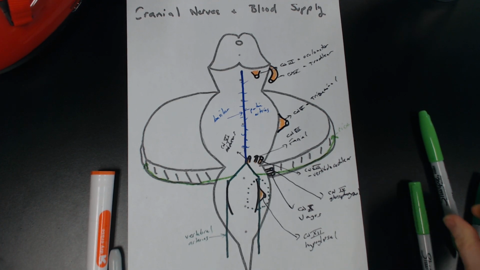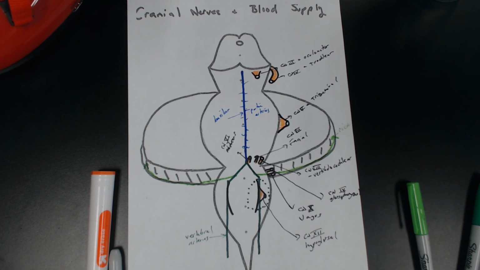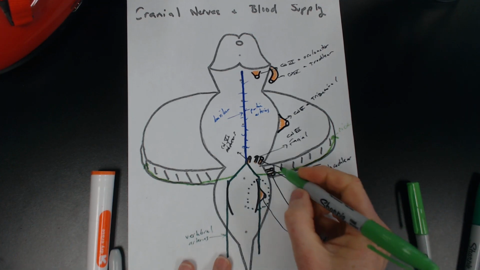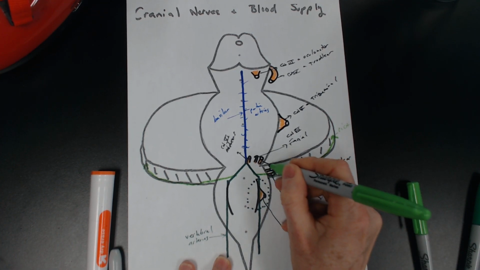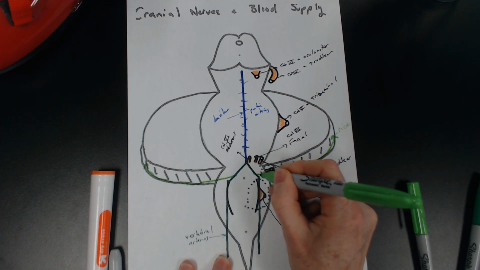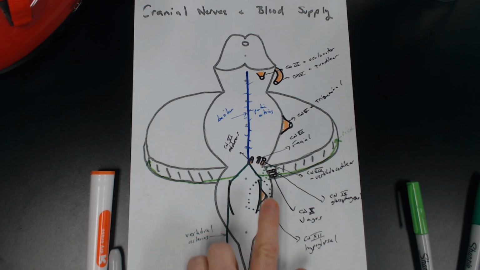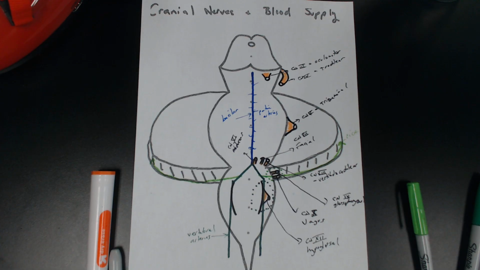Okay, PICA. And PICA is going to be responsible for supplying the lateral medulla with blood. And you can see that here. And typically when PICA is affected, the person is going to present with signs and symptoms of cranial nerve 9 and 10 problems.